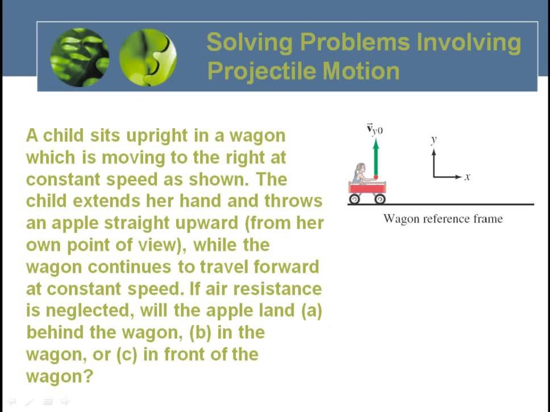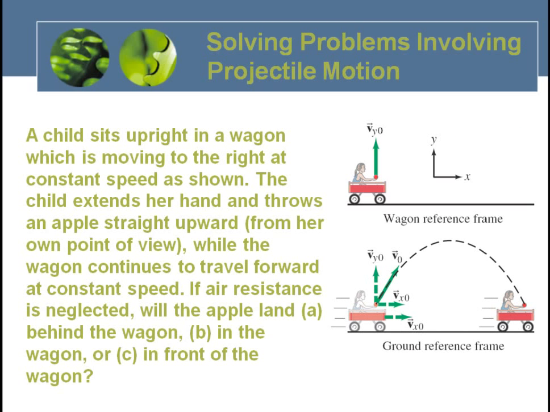So the answer is it's going to land directly in the wagon with her. When you throw this apple in the air, it's actually going to have an initial velocity at an angle, even though in her reference frame it looks like it's straight up. And since the x velocity never changes, and it's the same velocity as the wagon's x velocity, it's going to cover the same amount of distance in the same amount of time.